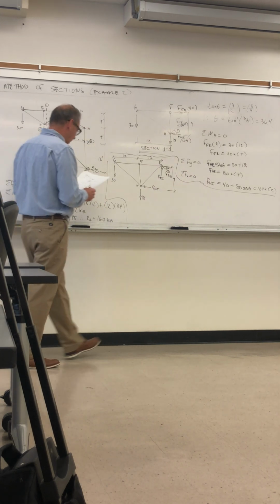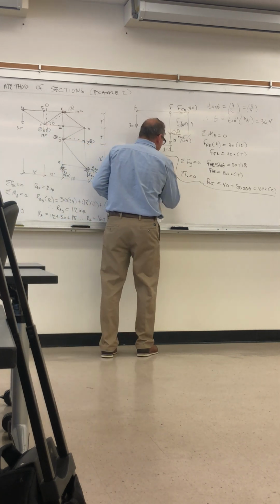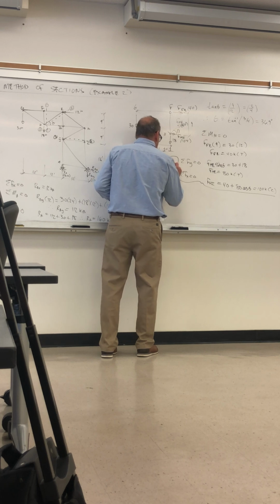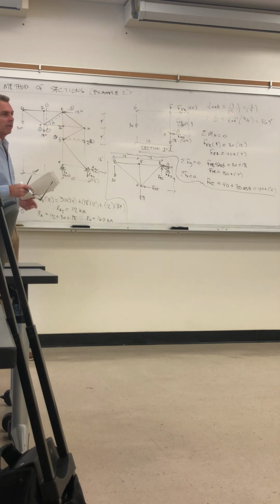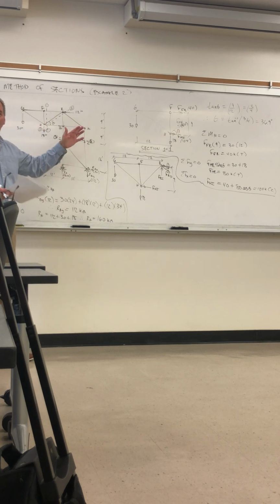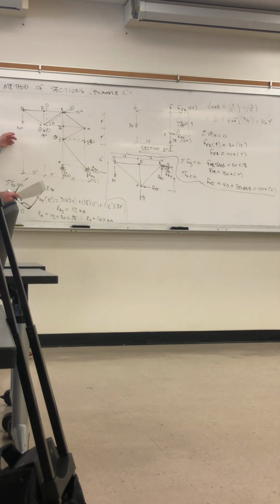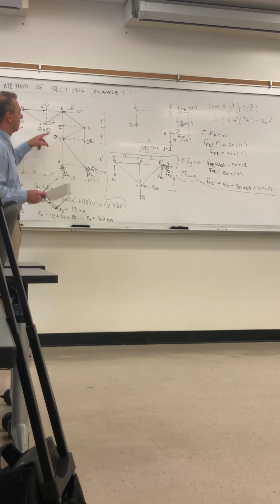Oh, we also have 12 kips here. Since we're cutting just to the right of E, this 12 is applied. So 30, everything included from the left up to the location of the slice. There's 30, 18, 12.